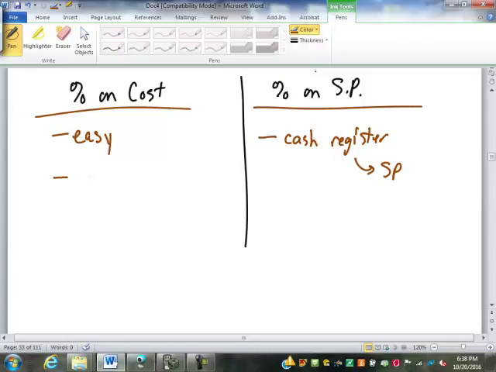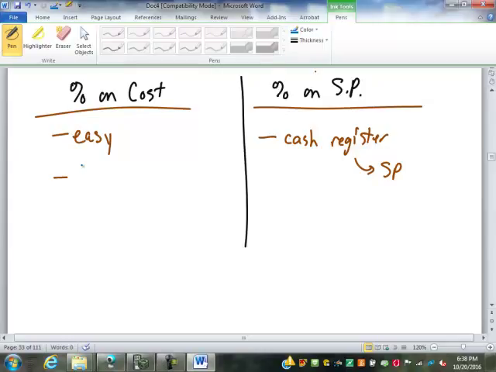If I am the one that has to set the price on every object, it would be nice to know what percent of the cost I need to have in order to cover my expenses and still make a profit. So then I can use whatever the cost is coming in, mark it up, and set the selling price on it.